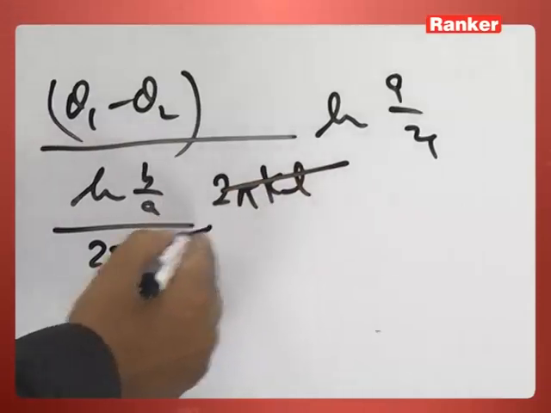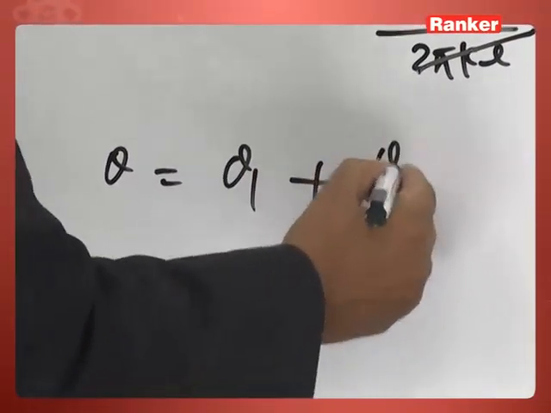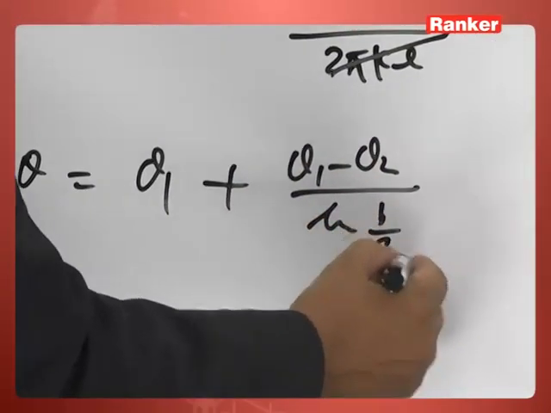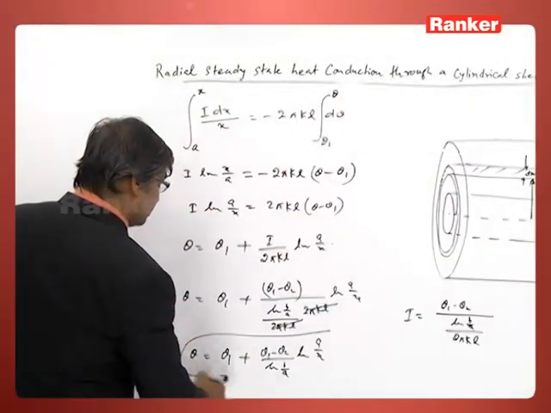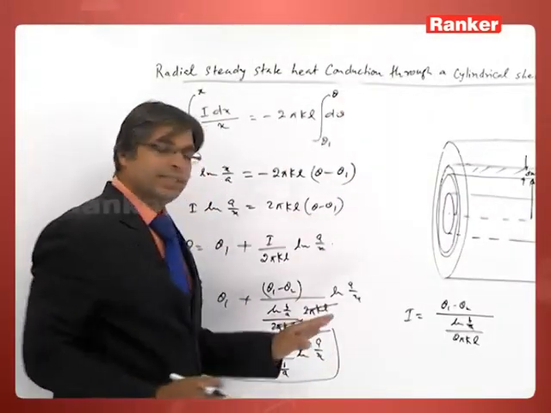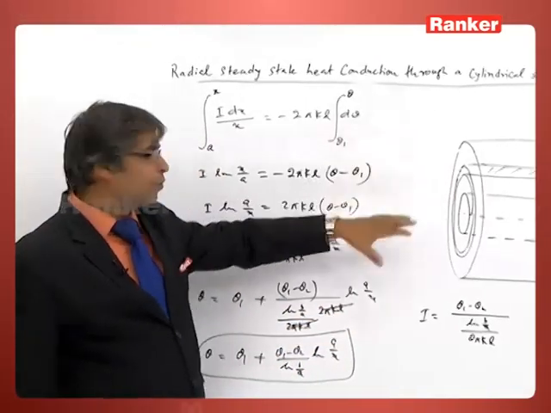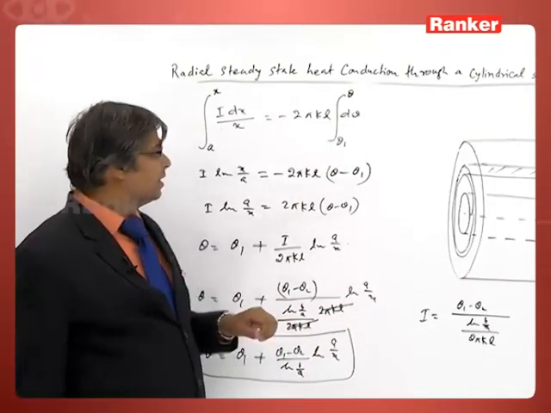So, this 2 pi k L will cancel. So, you see theta becomes theta 1 plus theta 1 minus theta 2 by ln B by A divided by ln A by x. This is how theta varies, this is the temperature profile of this cylindrical thermal resistor or conductor.